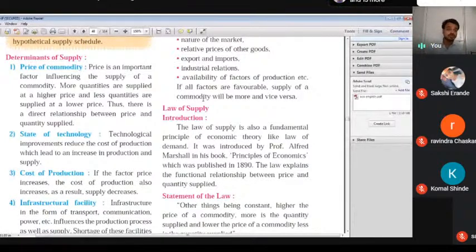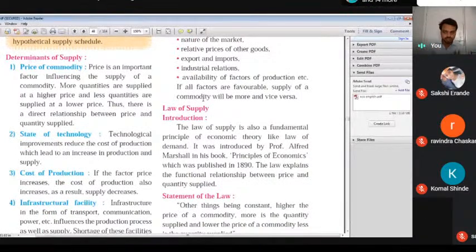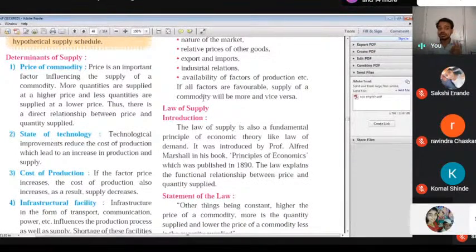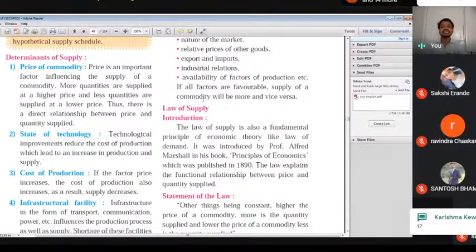When we think about 10 or 15 years ago, in India there was no advanced technology. Because of that lots of people worked in the factory, but now because of technology only limited people work in the factory and they produce more and more.